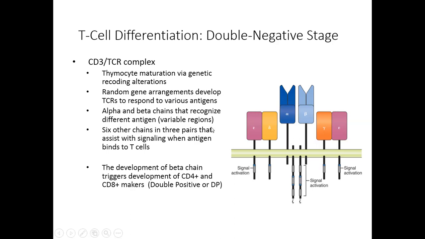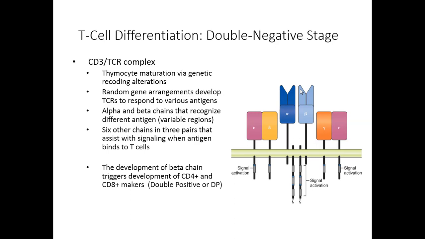These are called signal activation chains, and you can see they extend through the cytoplasm of the cell, and they will actually trigger the cell when antigen binds into the T cell receptor. Imagine this is the cell surface of the T cell. It's going to trigger this T cell to do something specific when the antigen binds there. So that's the purpose of those 6 chains.